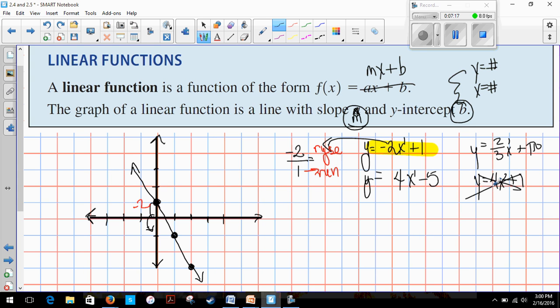If I wanted to graph this one, pi is about a 3.14, so 1, 2, 3, and a little bit more.